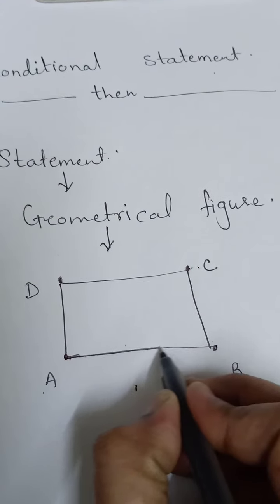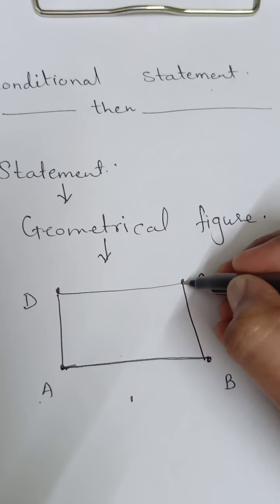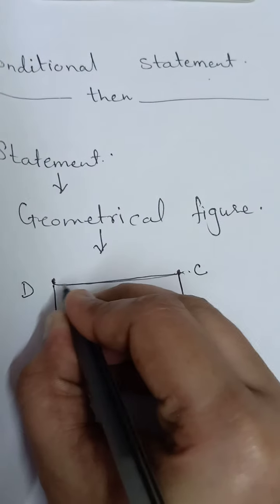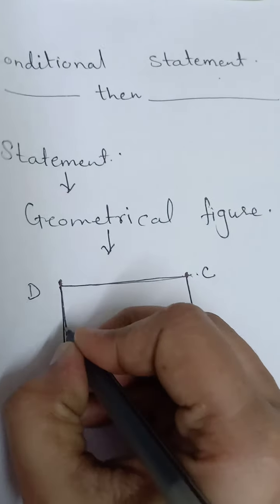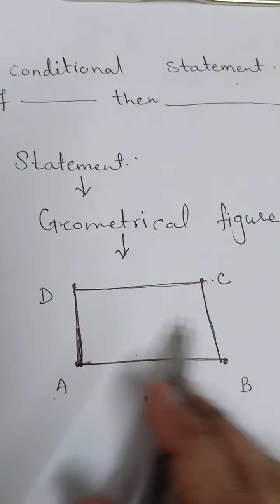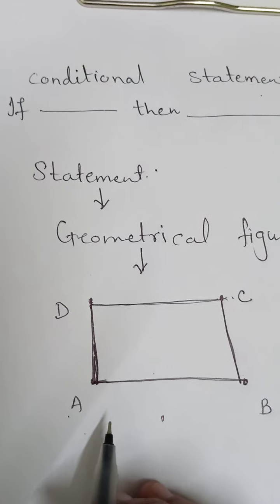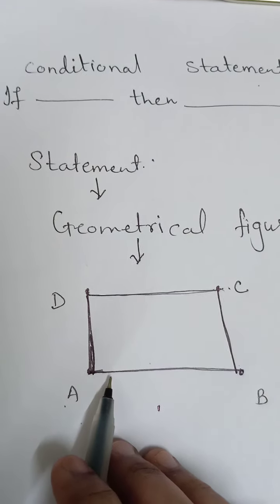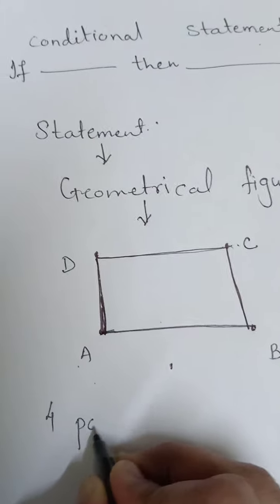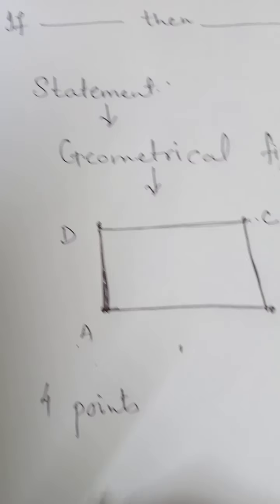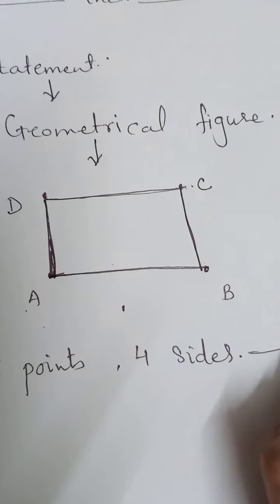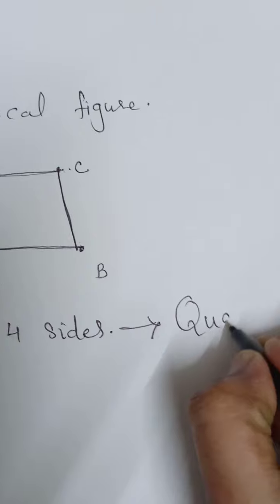See here, this is one side, this is another side, this is the third side, that is side CD, and the last one is DA. So there are 4 sides in this figure. This is a figure of 4 points and 4 sides. Now listen carefully, any geometrical figure made by 4 points and 4 sides is called a quadrilateral.